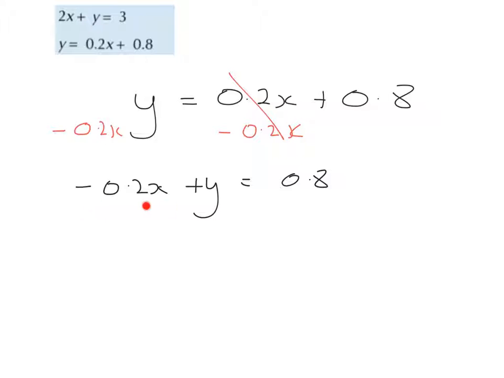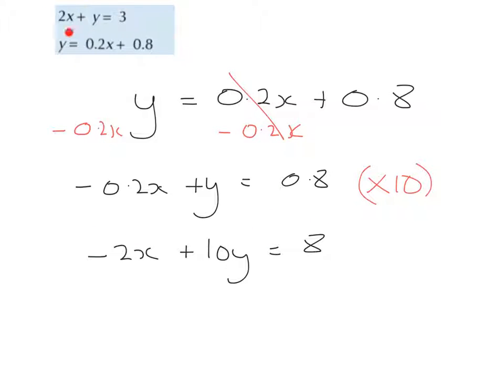But for now, I'm going to multiply this whole line by 10. If I multiply this whole line by 10, I now have minus 2x plus 10y equals 8. I have not changed this line. This line is the same. I have just written it in a different format. And this is much easier for me to work with now.